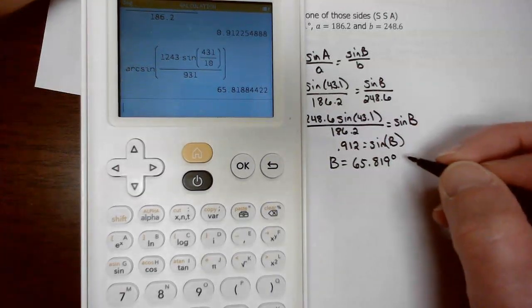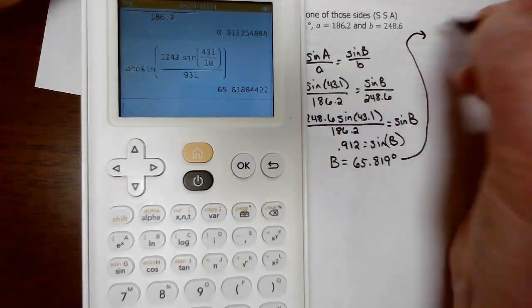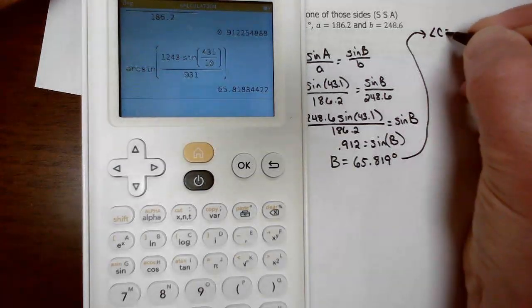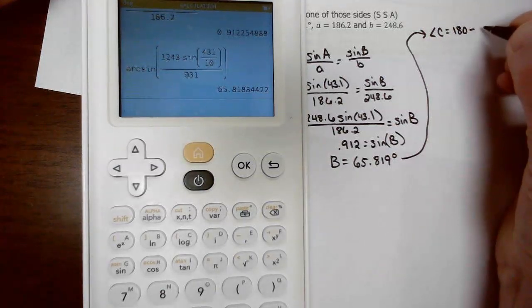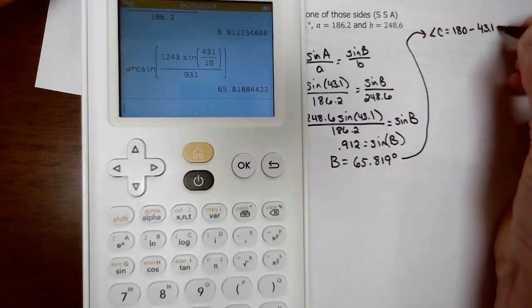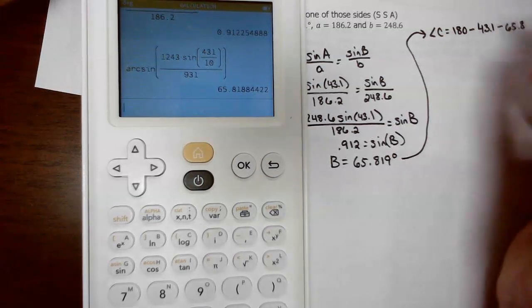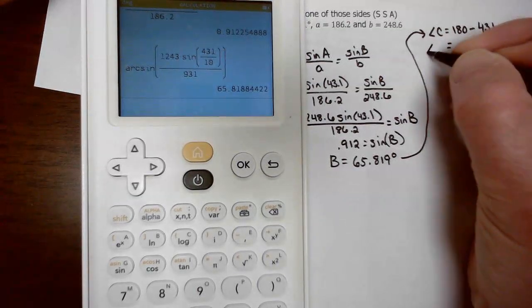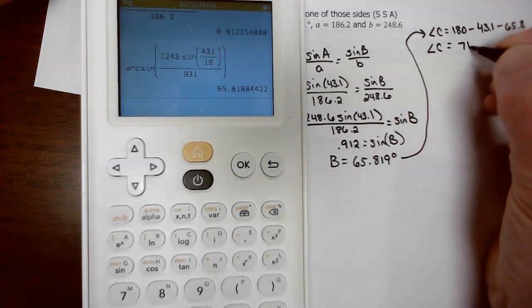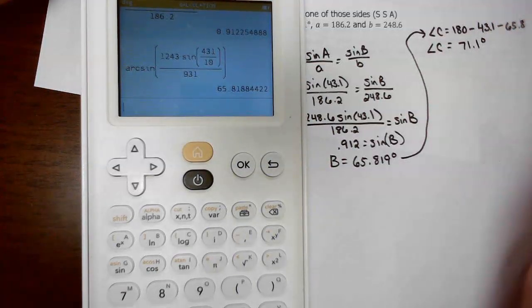Now from here, I would find angle C, which would be very easy because we would just do 180 minus 43.1 minus 65.8. And so angle C is 71.1 degrees.